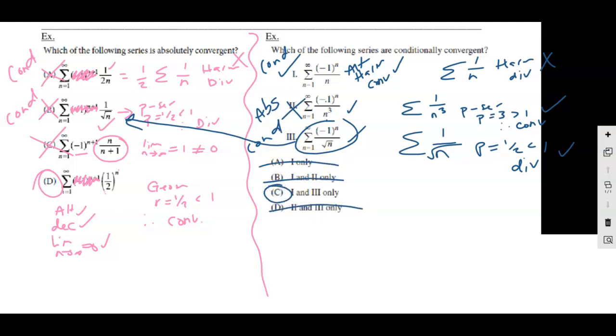Absolute versus conditional convergence basically means how finite was it? Was it safely finite, so that if I make it a little bit bigger, if I change all the minuses to pluses, which makes your collective sum larger, does that keep it finite? Was it safely finite to begin with, so that even when I make it larger, it's still finite? Or was I just barely finite?